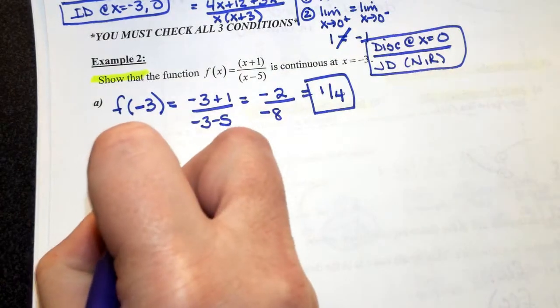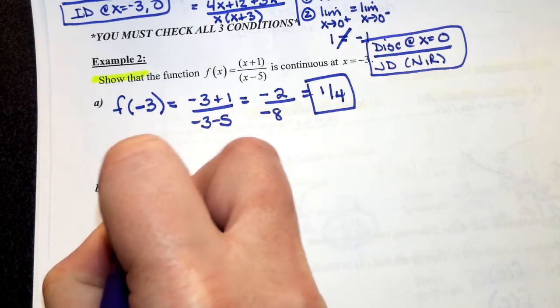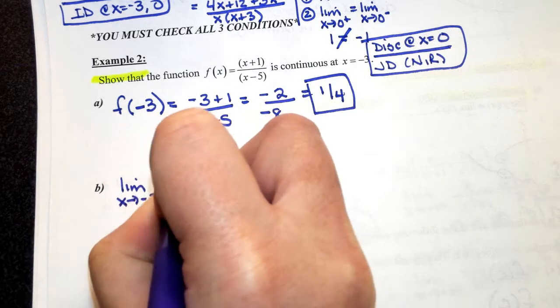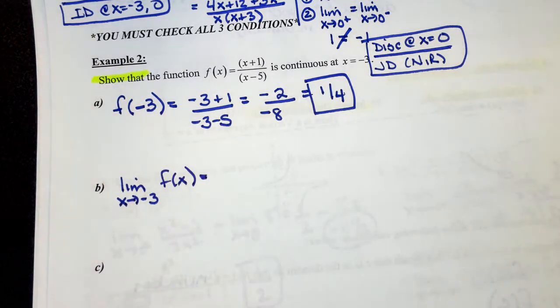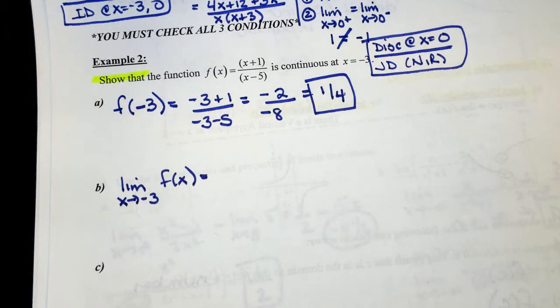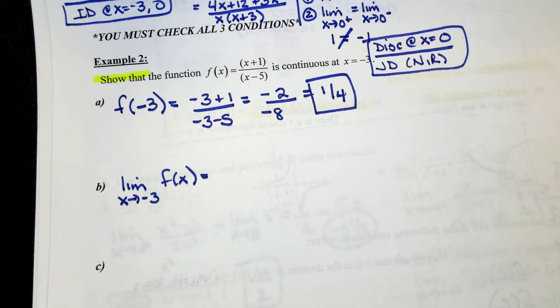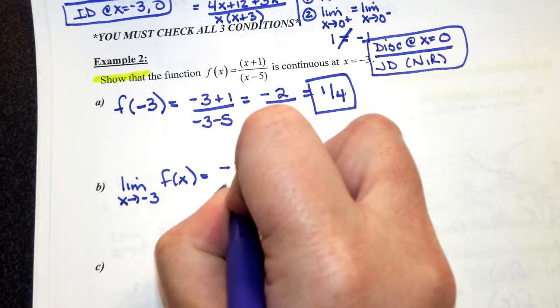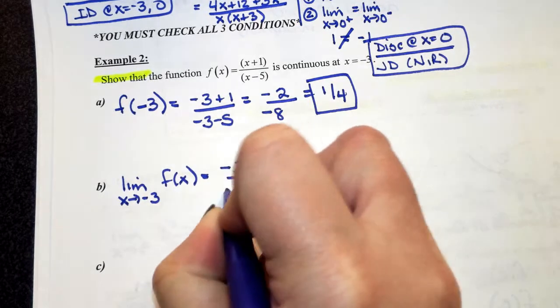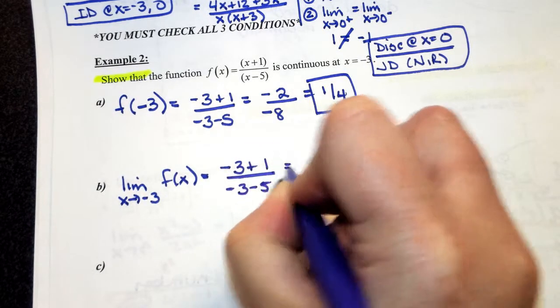The second part is you have to find the limit. So you have to find the limit as x approaches -3 of f of x. Well, how do you find limits? You just took a quiz on limits. What do we do, first of all, to find limits? Direct substitution. So I'm going to plug -3 in for x. -3 plus 1 over -3 minus 5.